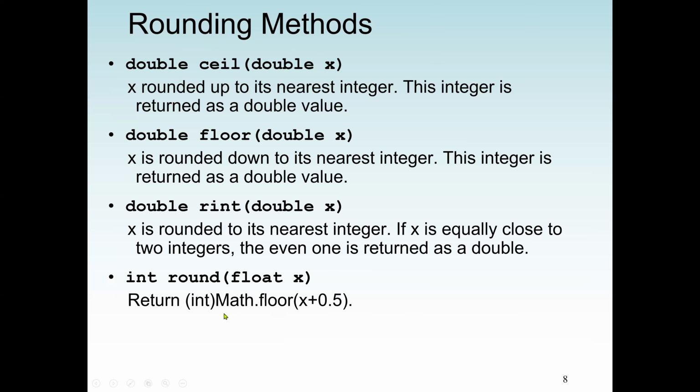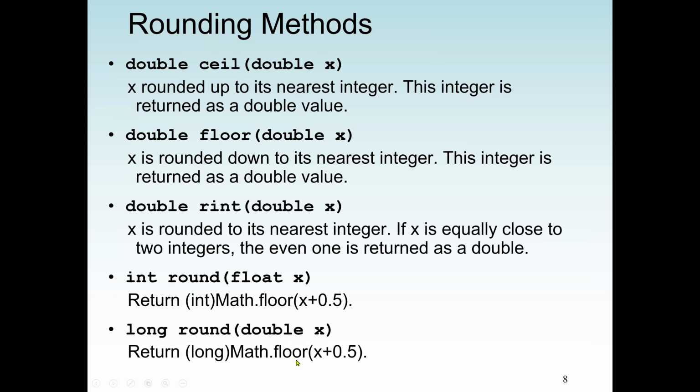So again, the round works the same way as mathematics. If the decimal value is 0.5 or more, we add 1 to the whole number. If it's less than 0.5, we ignore the decimal value. But always we should put the whole number in int, or long if the value is very big, so we get only whole number returns.